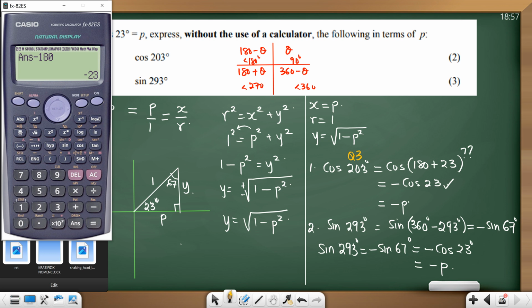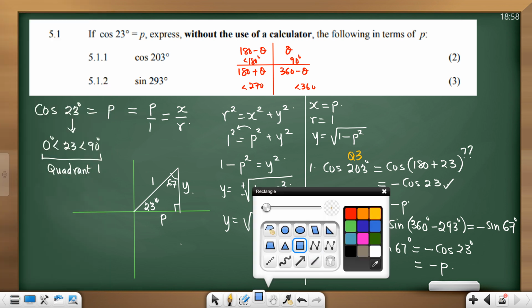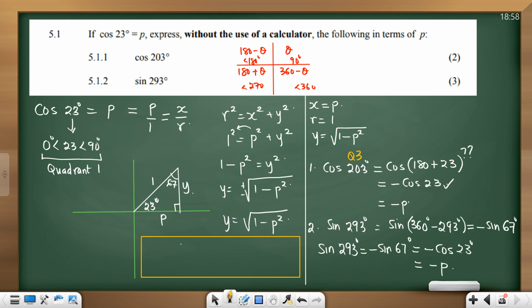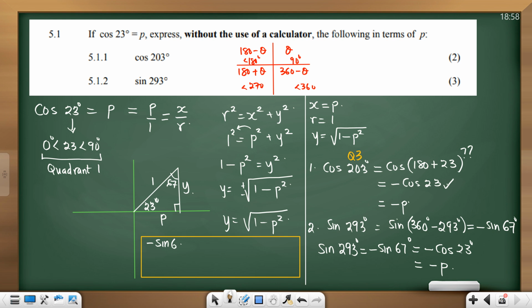So for 5.1.2, you said negative sin 67 equals negative cos 23. Yes. But that's a negative sin beta equal to positive cos 90 plus beta. Okay, let's work something out together here. So I have negative what? 67, right? Yes. Okay, forget about the negative. What is sine 67?